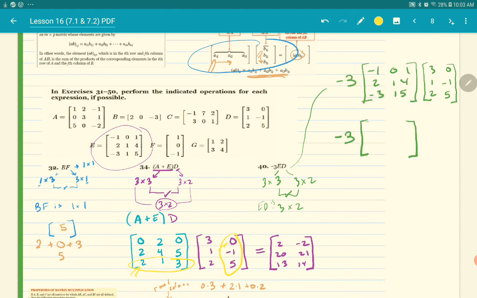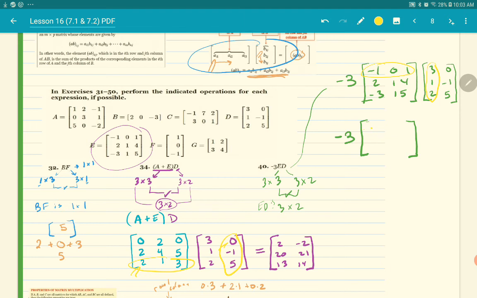So my row 1, column 1, when I add those products, I get -3 plus 0 plus 2. I'm doing those products in my head now. -3 plus 0 plus 2 gives me a -1.